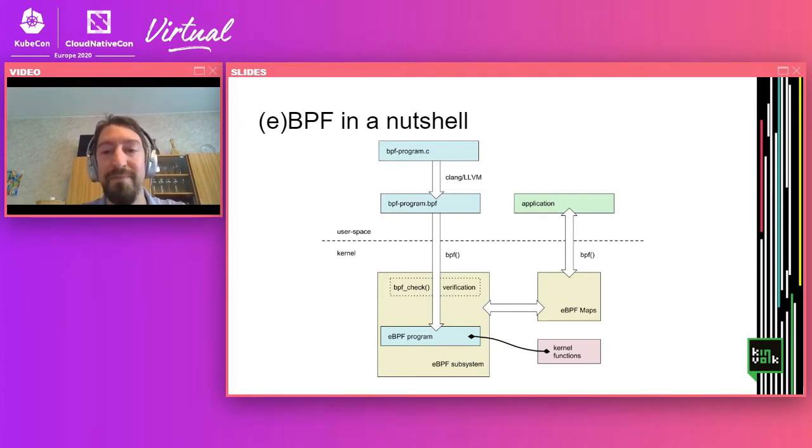And this BPF program can make use of BPF helper functions to execute some things outside of the closed sandbox. There is another concept called BPF maps. BPF maps are kind of like global variables that are accessible from your BPF program and accessible from user space applications. So that's a mechanism for BPF programs and your user space application to communicate together through these BPF maps.